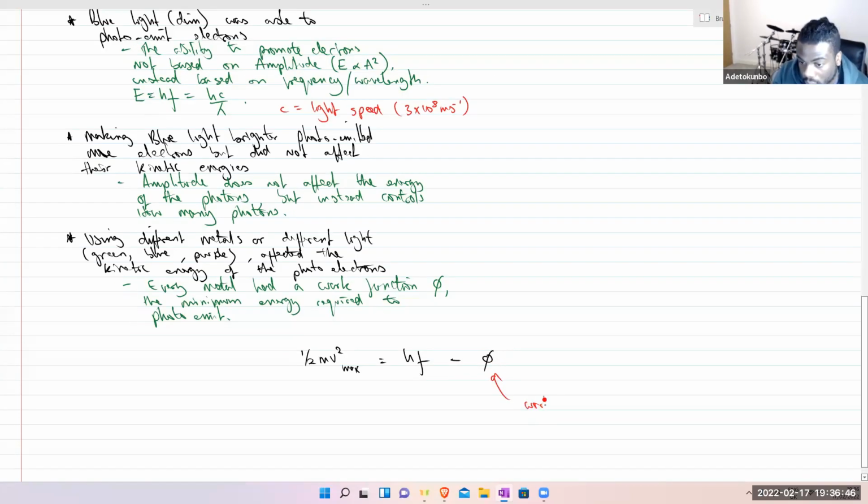So this is the work function. That is the energy of the photon, and that is the maximum kinetic energy. Okay.